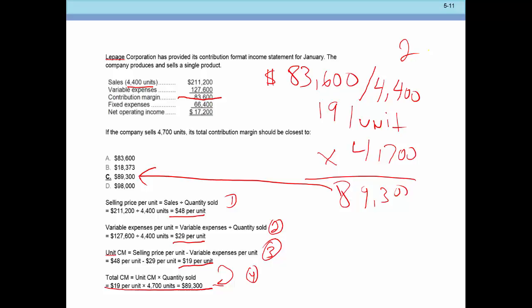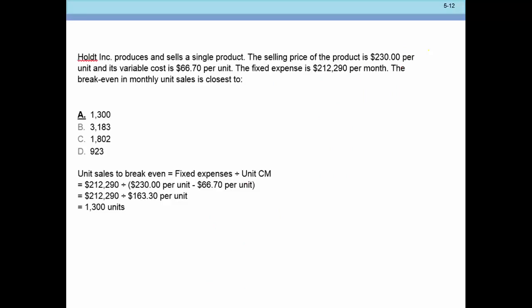All right? Okay, good. Come over and let's take a look at this one now. This one wants to see if we can compute our break even in units. Do we know how to do that? They're being nice to me. They're giving me the variable cost and the sales price per unit on this one.